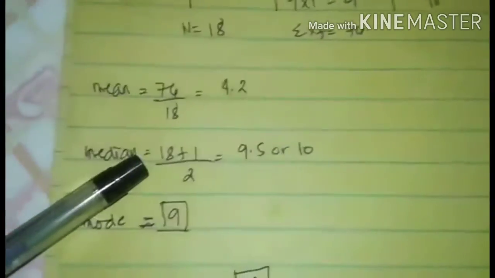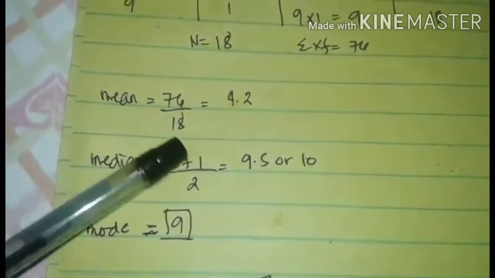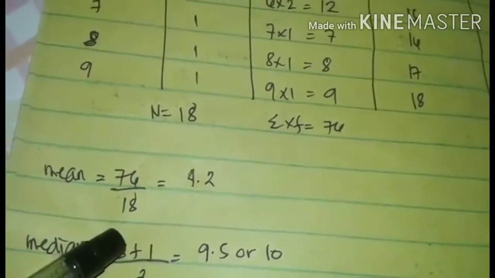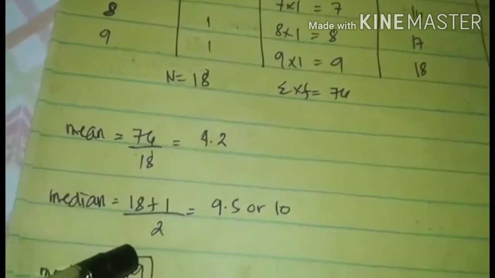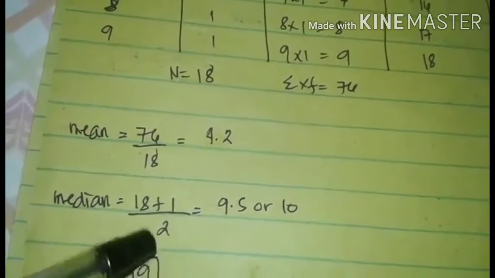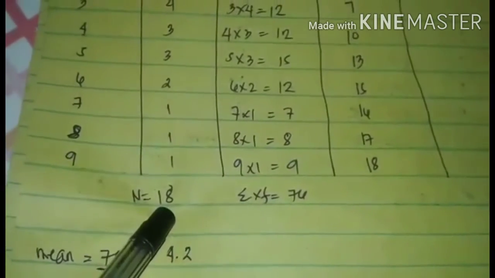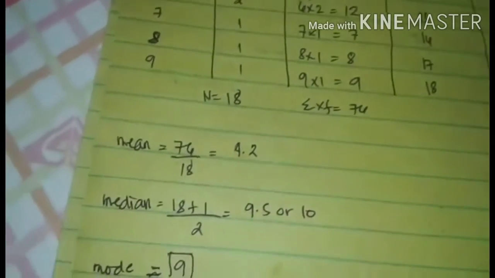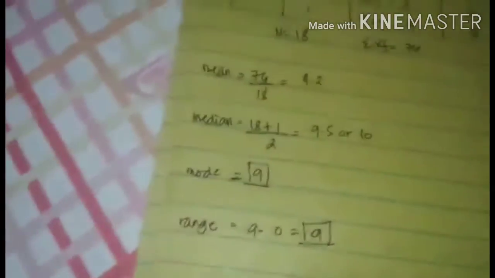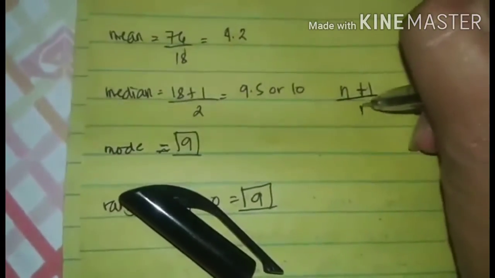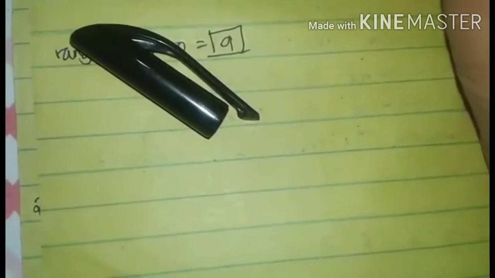For the mean, we have a total XF of 76. 76 divided by 80 is 4.2. For the median, we have 9, since our frequency is 18, and our formula here is n plus 1 divided by 2.